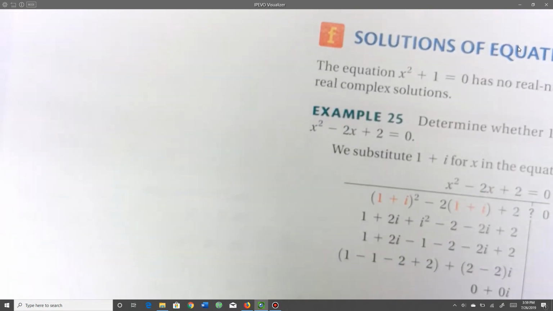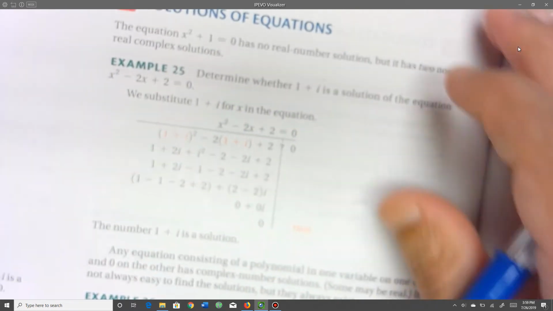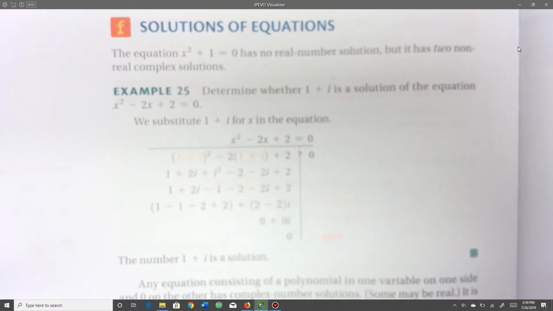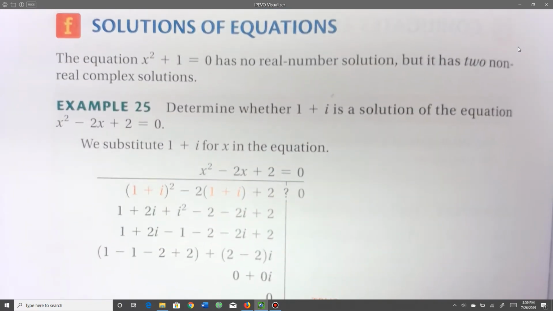And I'm on page 1228 now, and I'm going to skip section F, well, objective A, actually, because this is way too simple.